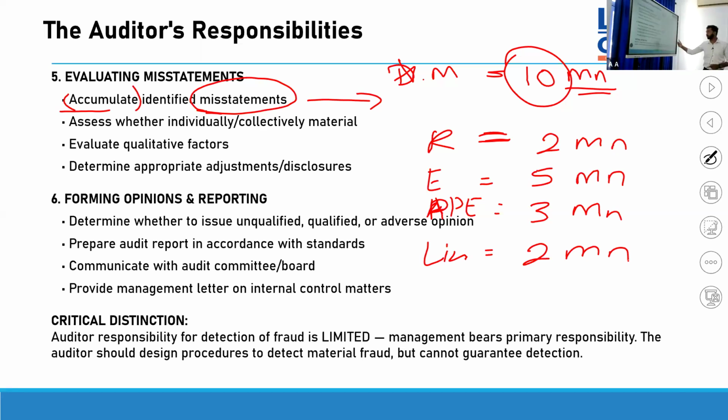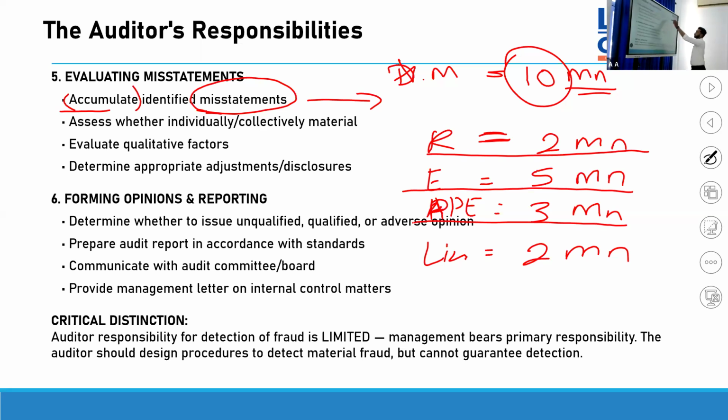Okay, these are the misstatements that we identified in our audit procedures, right? Now you can say, by looking at these misstatements individually, those are immaterial, right? Immaterial in the sense those are below 10 million, right? This is 2 million, 5 million, 3 million, 2 million. Individually, those are immaterial, right?